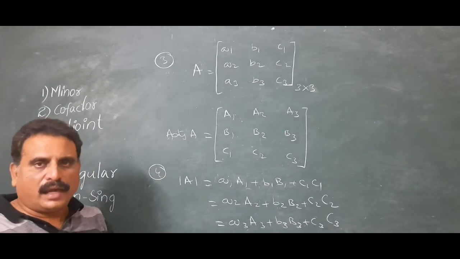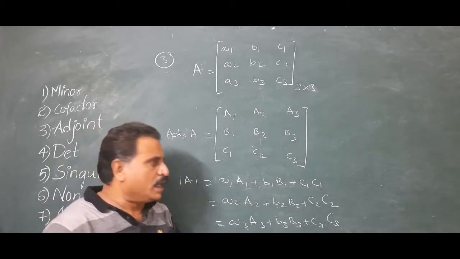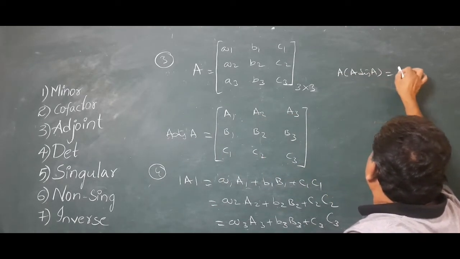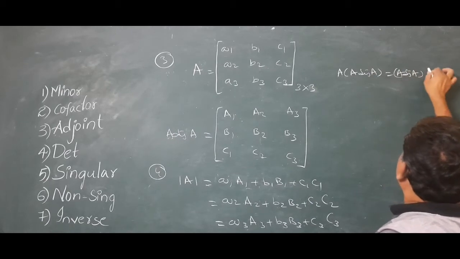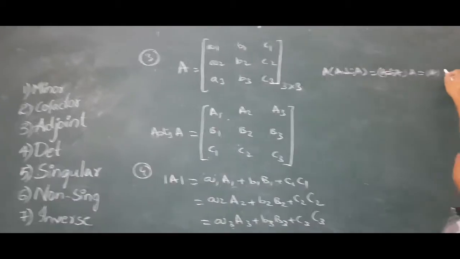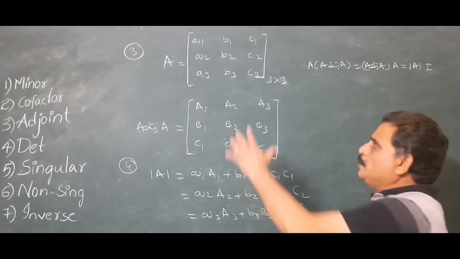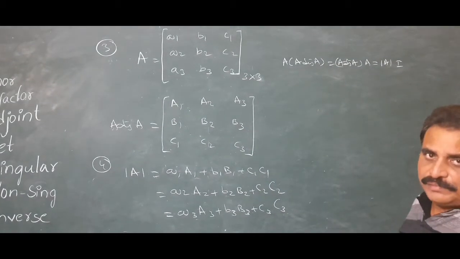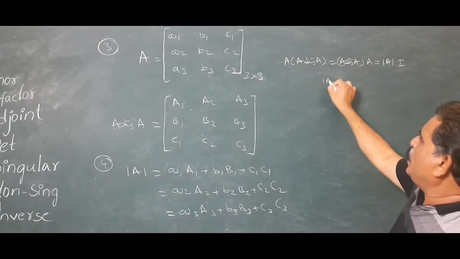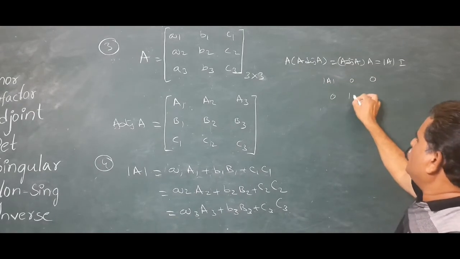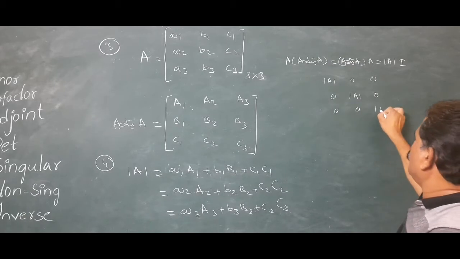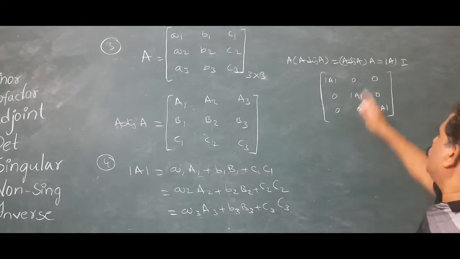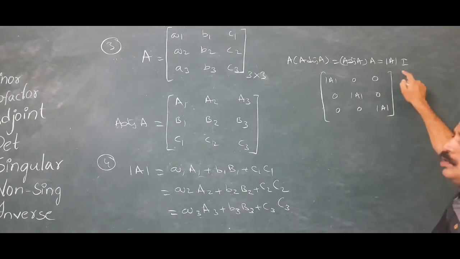So, my dear students, here we get one important point: A into adjoint A equals adjoint A into A equals det A into I. If you find the product of these two matrices, we get det A into I. Det A into I means det A, 0, 0; 0, det A, 0; 0, 0, det A, because I is the identity matrix, 1, 0, 0; 0, 1, 0; 0, 0, 1.